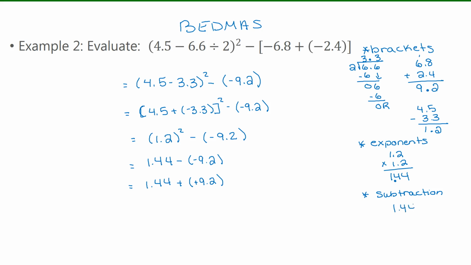And when I add them together, I need to be careful to line up the decimals. And fill that in with a 0 to make sure everything lines up, if you like. 4 plus 0 is 4. 4 plus 2 is 6. Place your decimal. And 9 and 1 is 10. So our final answer here is 10.64.